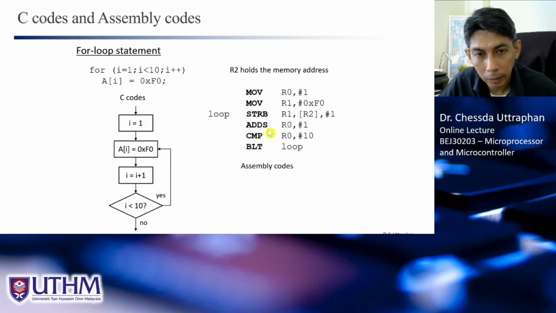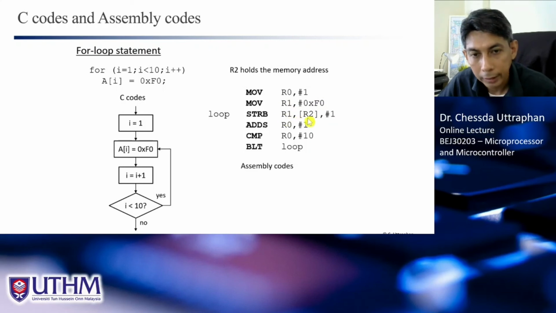something like this, right? So we move 1 to R0. R0 is our I, and we move F0 to R1. This is AI, F0, and we store it in the memory. So this is not stored yet, just F0 in R1.